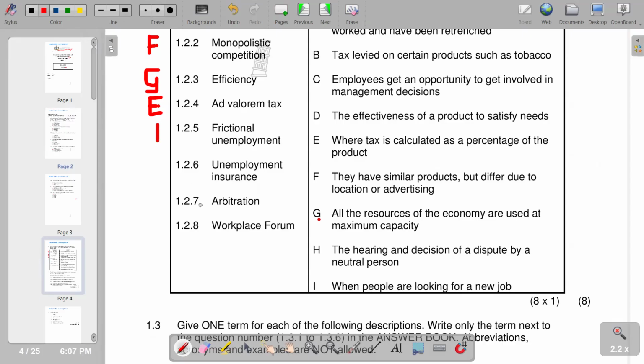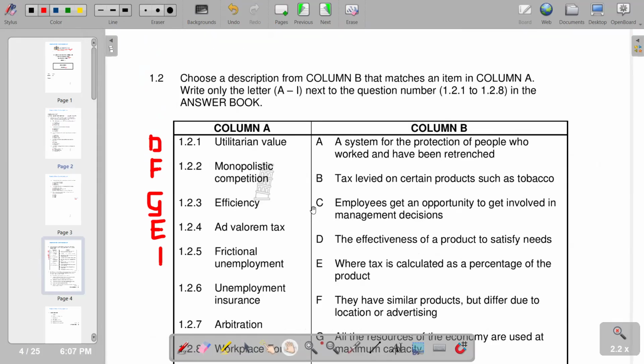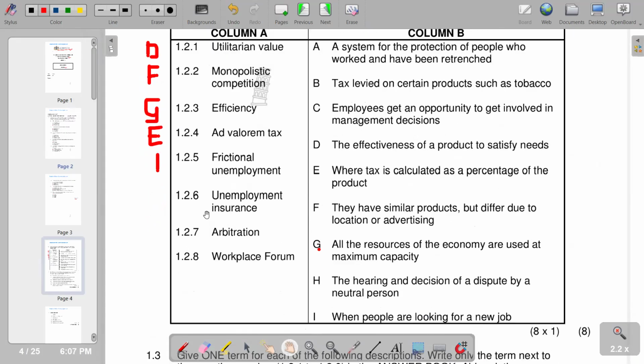Unemployment insurance, we check which one matches unemployment insurance. According to our responses, it's a system for the protection of people who worked and have been retrenched. So we have A for unemployment insurance.